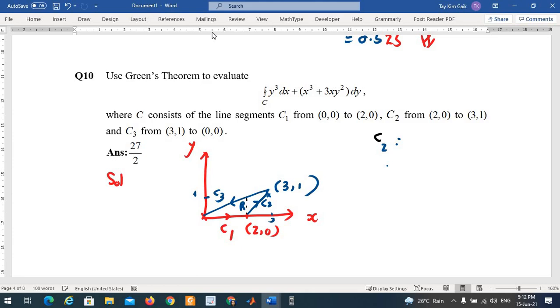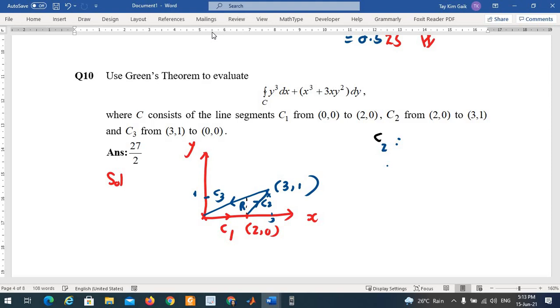But if you use dx dy, in this case it is always consistent. Your horizontal bar is always consistent. Left curve is C3, right curve is C2. So the problem now is how to get the equation for curves C2 and C3.